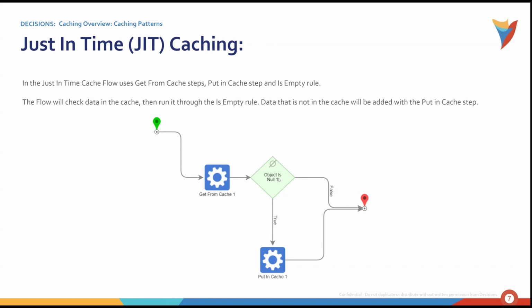If the data is not in cache, it will be added from the put in cache step and then go to the end step. But if, with the help of the get from cache step, it fetched some data, and in the rule it checks that the output is not null, it will go directly to the end step, saying that okay, there is some data in the cache.